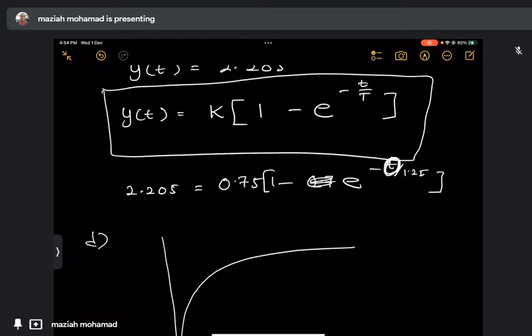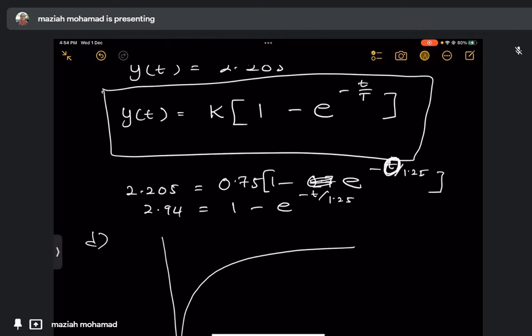Tak silap saya dapat log negative something. Kalau bawa pindah apa semua jadikan, bahagi dulu 2.205 bahagi 0.75. 2.94 equal to 1 minus exponent negative T per 1.25.